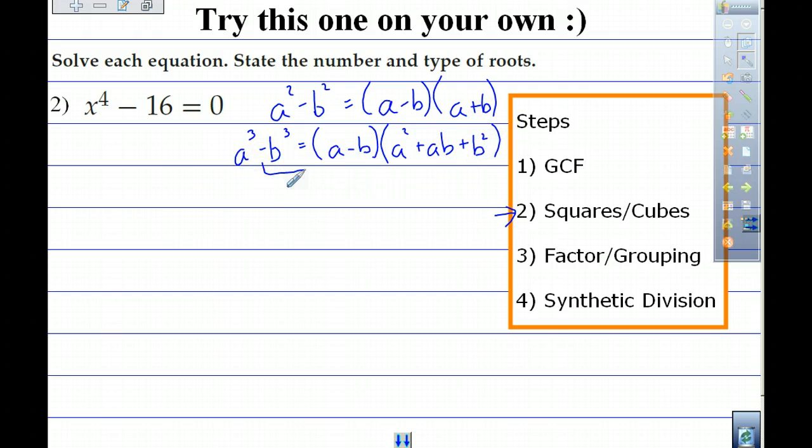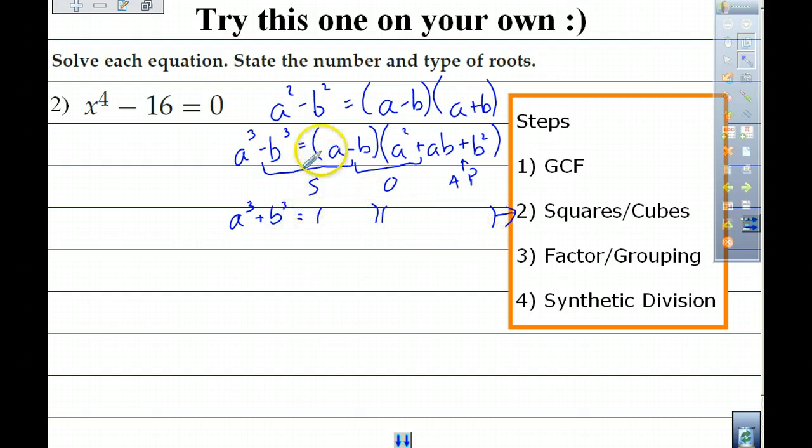So remember that these were the same, these were opposite, and this was always positive. Okay? And the same thing worked with the sum of cubes. Same acronym works.